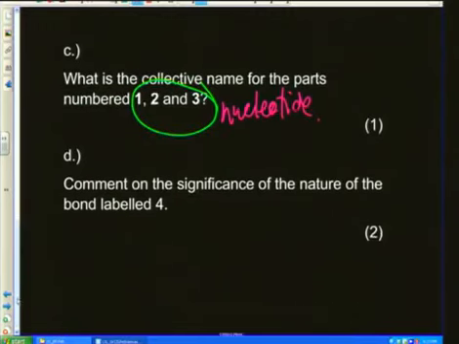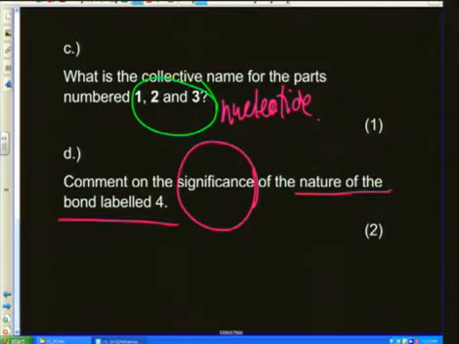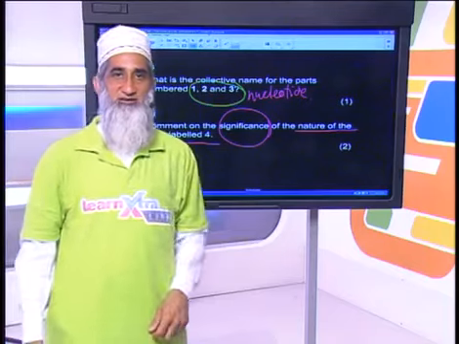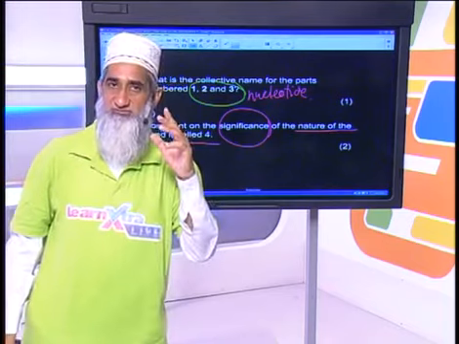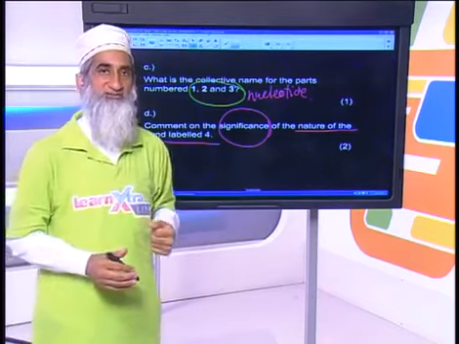I'm hoping we're together. Comment on the significance of the nature of the bond labeled 4. I love this question. I love to ask this question. What do we mean by significance? Significance means, why is it there? What's so good about having this type of bond?